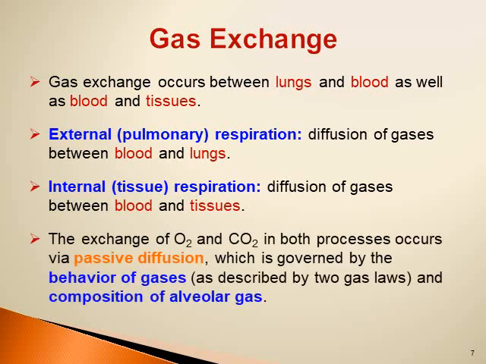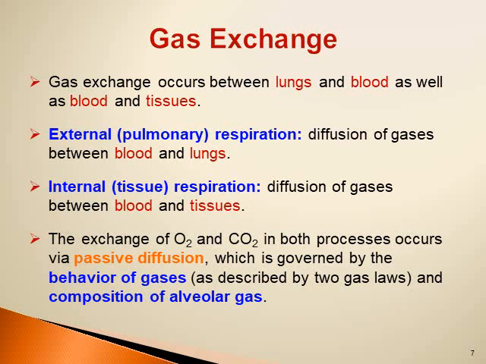The exchange of oxygen and carbon dioxide in both processes, the external and internal respirations, occurs via passive diffusion, which is governed by the behavior of gases as described by the two gas laws, and the composition of the alveolar gases.